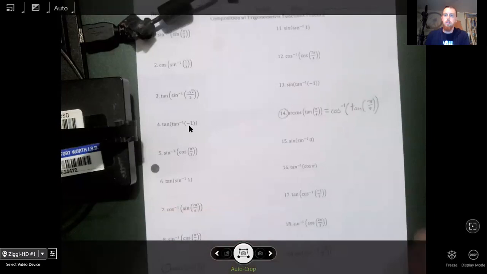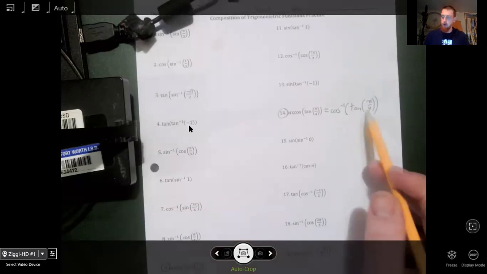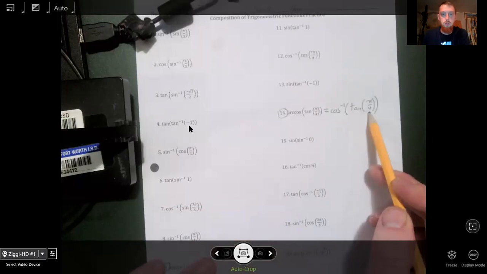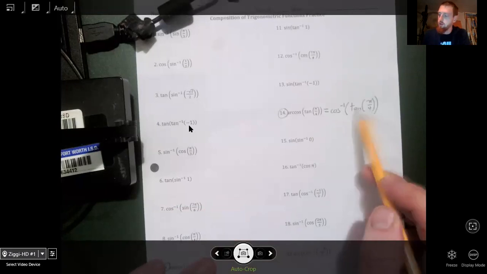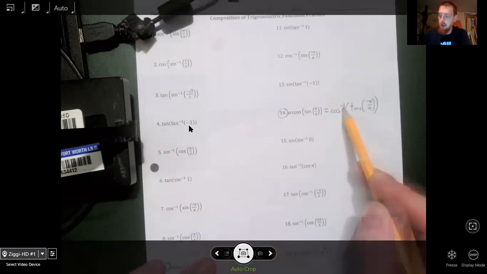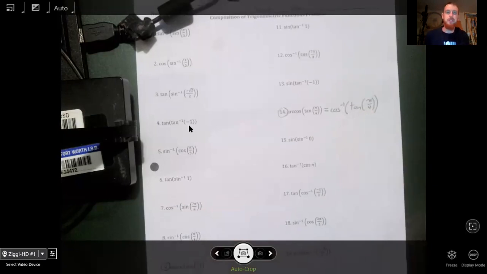Just like we did when we were learning about compositions of functions, you want to work from the inside out. This is saying find the tangent of pi over 4. Then once you know that answer, find the inverse cosine of the value that you get in here. So if you know your unit circle, this is very, very easy. It's just like a two-step problem.